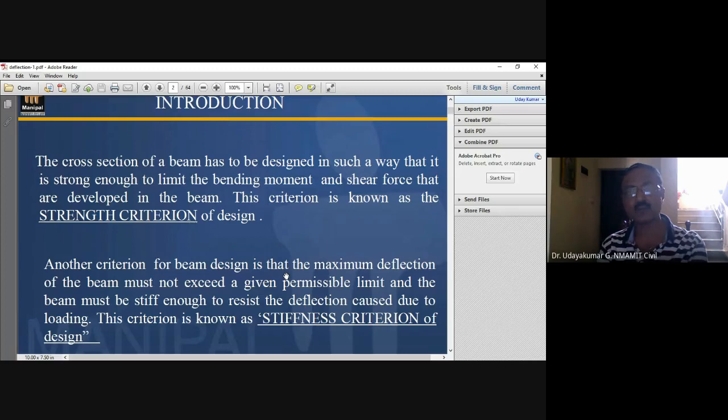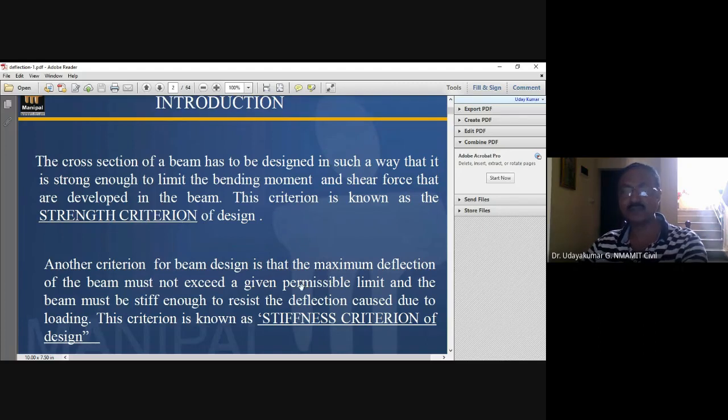That decides the bending moment as well as the load to be applied, because EI d squared y by dx squared is equal to the bending moment at this section, and this bending moment is mainly due to the loading.